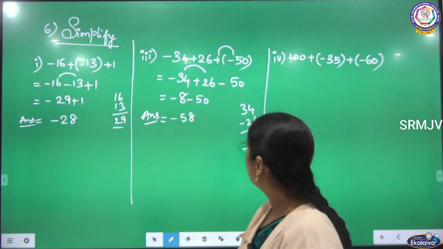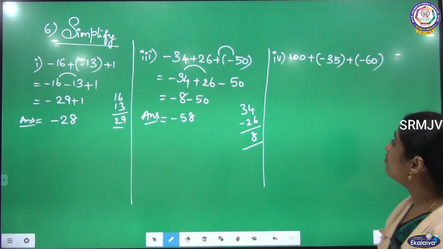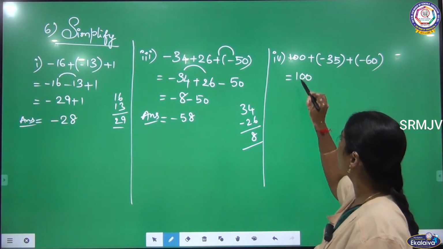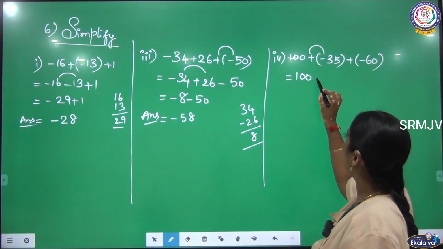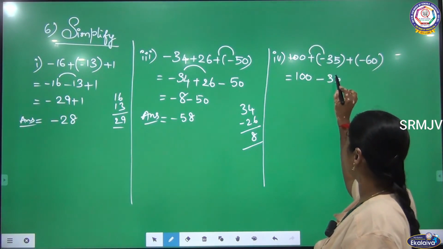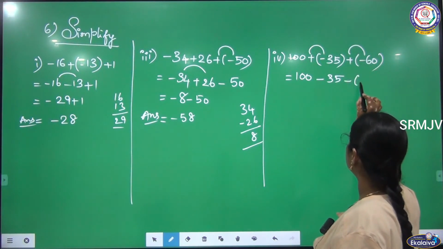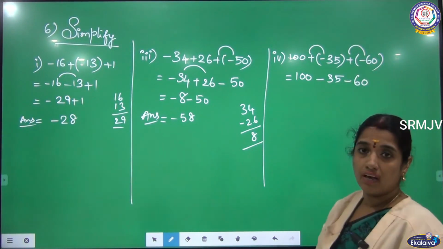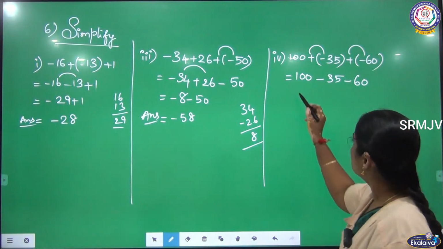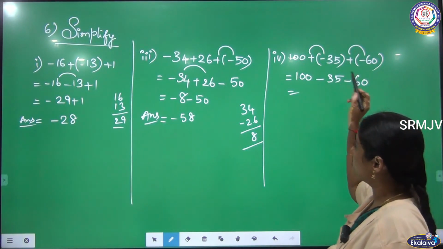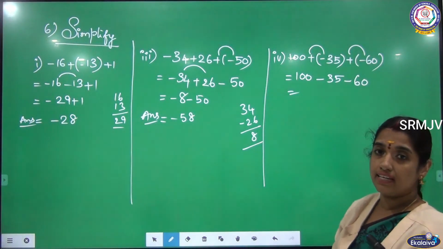Next, I am moving to the fourth sum. Listen, 100 plus into minus minus 35 and plus into minus minus 60. So 100 minus 35, positive integer, I am subtracting the negative integer.